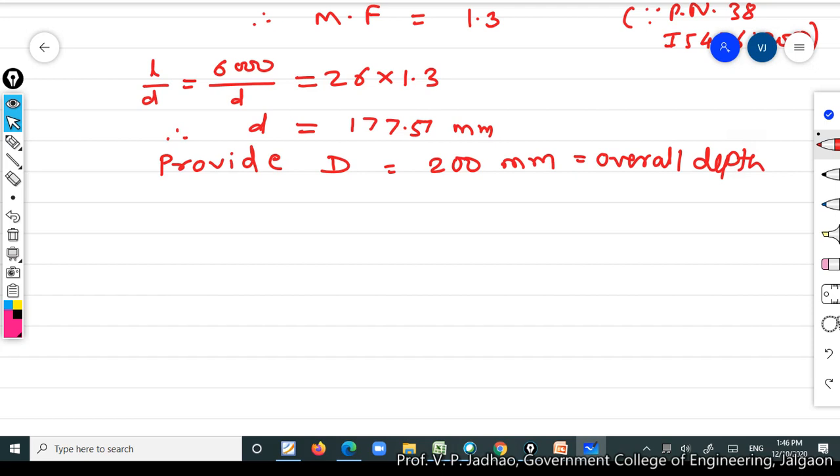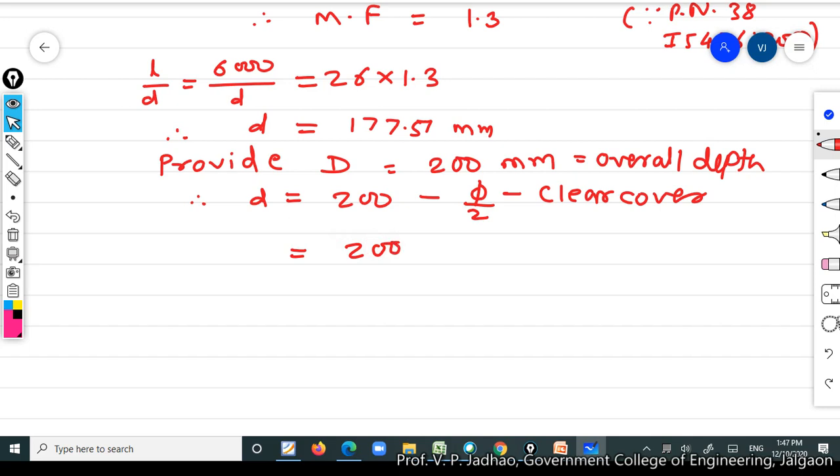Therefore this effective depth d will be equal to 200 minus diameter of steel reinforcement provided divided by 2 minus clear cover. This is well known, this is already covered in RCC.